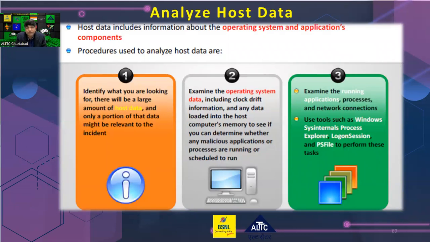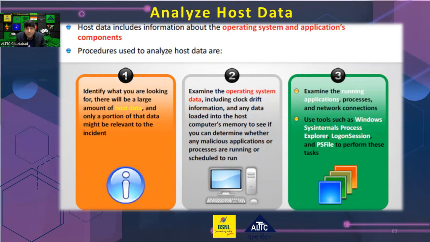Now, analyze host data. Host data includes information about the operating system and application components. The procedure used to analyze host data is as follows. First, identify what you are looking for. There will be a large amount of host data and only a portion of that data might be relevant to the incident.